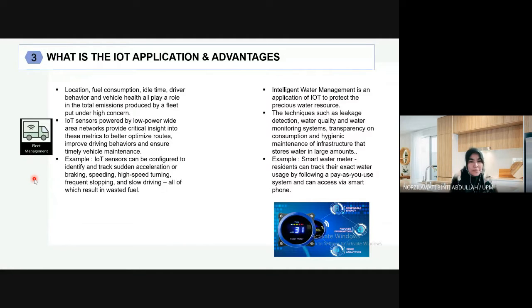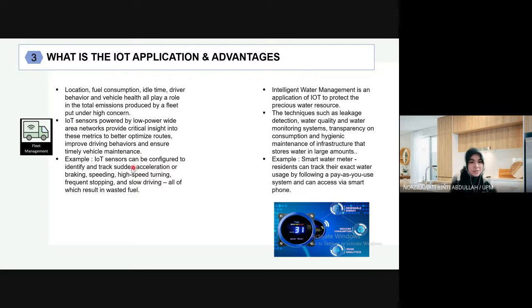Okay, the other application is fleet management, where the location, fuel consumption, idle time, driver behavior, and vehicle health all play a role in the total emissions produced by a fleet, which is under high concern. Okay, IoT sensors powered by low power wide area networks provide critical insight into these metrics to better optimize routes, improve driving behaviors, and ensure timely vehicle maintenance.